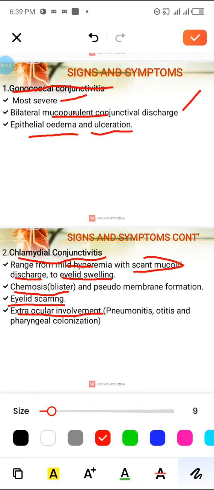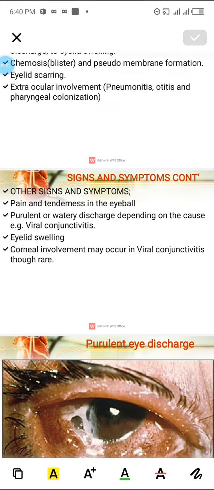The infection can spread to the lungs, bringing about pneumonitis. It can also go to the ears, bringing about otitis, which is inflammation of the ear. Then there can be pharyngeal colonization, meaning it can go to the pharynx. So it can spread outside the eye. That's the bad part about this.